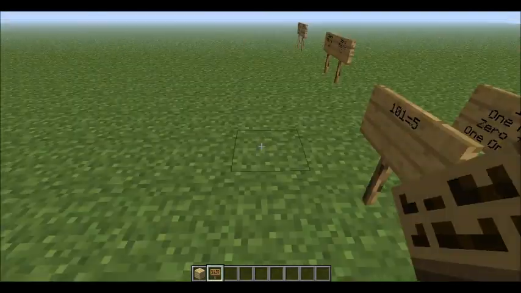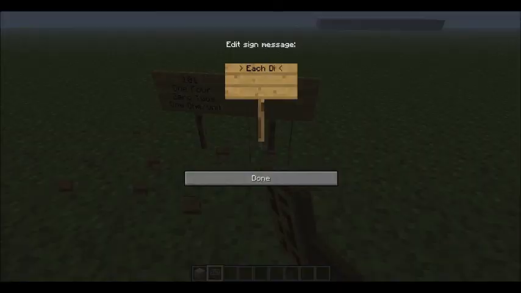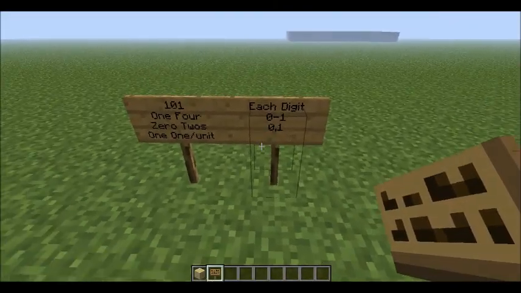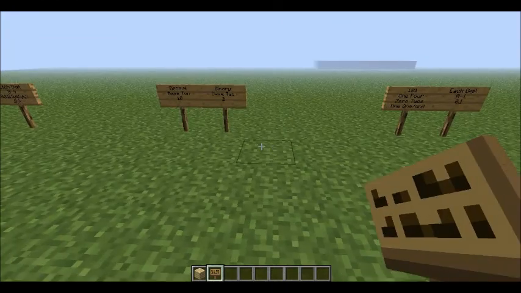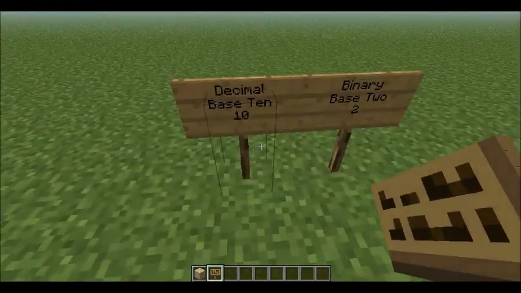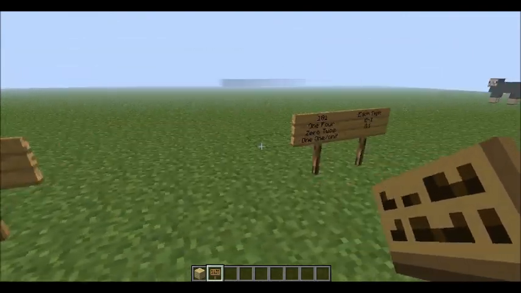Okay. So that means that in each digit you can have 0 to 1, meaning that you can only have 0 or 1. You can't choose from any other things. That means that whereas 10 in decimal equals 10 because it's base 10, 10 in binary equals 2 because it's base 2.